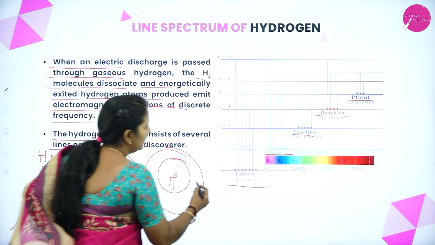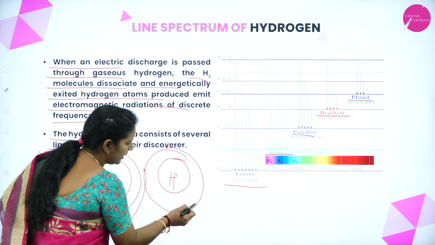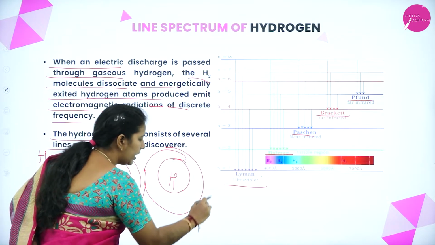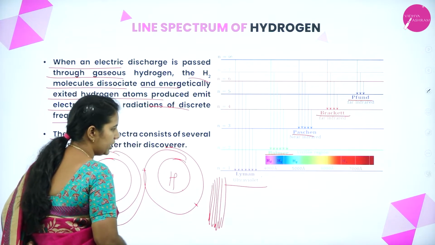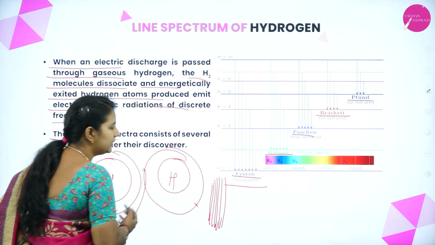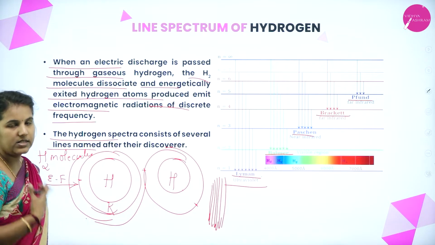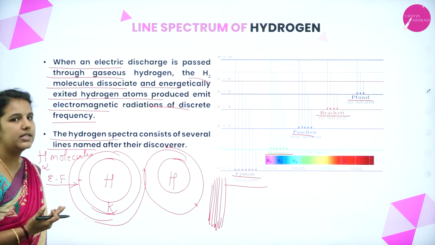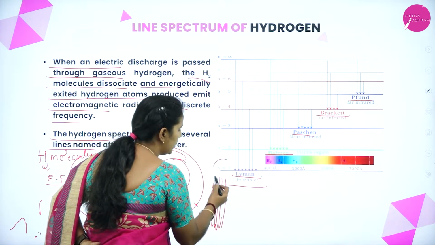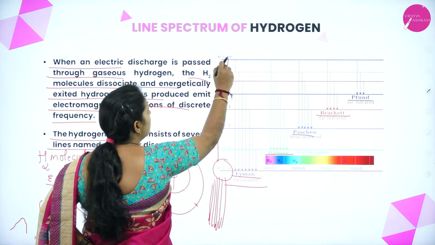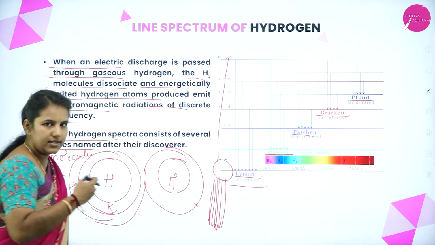It was discovered by Lyman, where the electron from the ground state gets excited to another state, and again after losing its energy, it comes back to the original state.